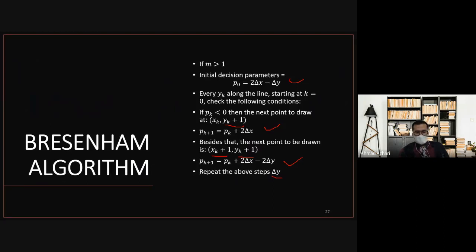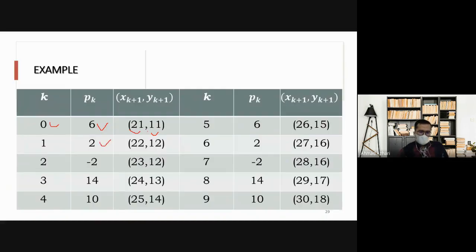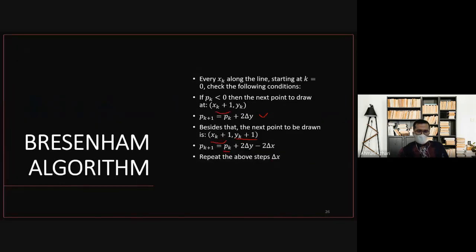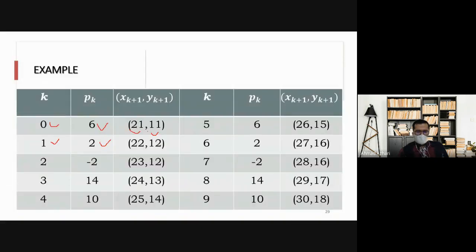The current p is 6, plus 2 delta x minus 2 delta y, which is minus 4. So it will be 6 minus 4, which is 2. The next parameter is 2, and we check again with this rule. The p is more than 0, so we still use these rules. We plus the x by 1 and y by 1, so 21 to 22, and 11 to 12.